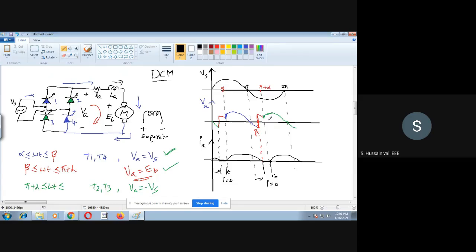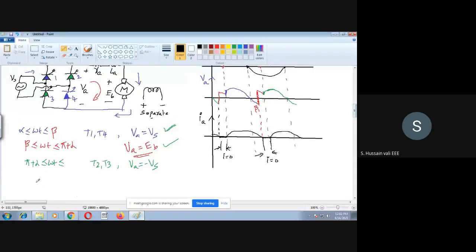Now what I'm interested to know is the average voltage in this particular circuit diagram.